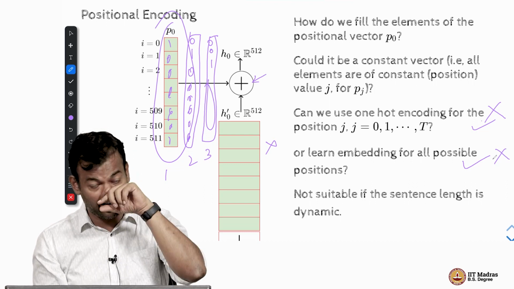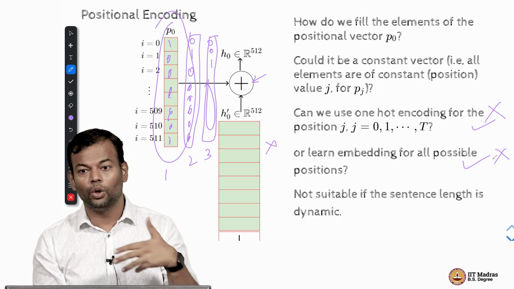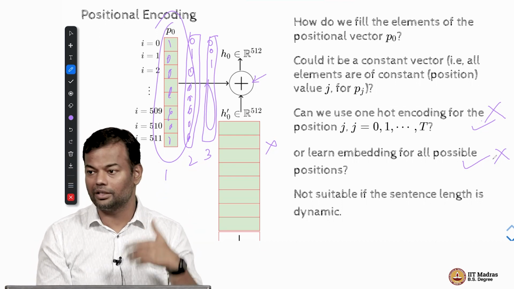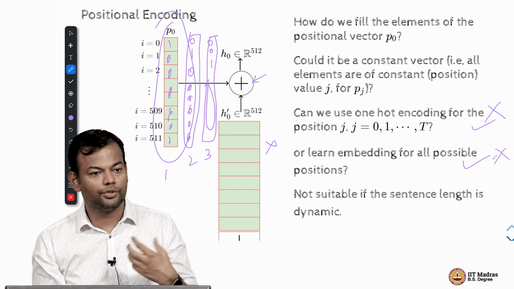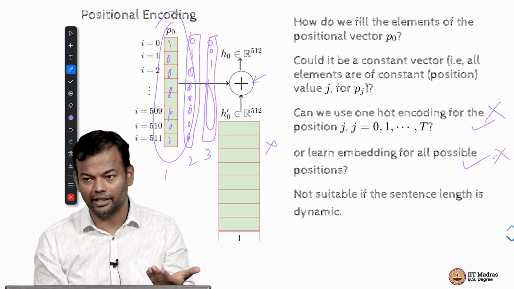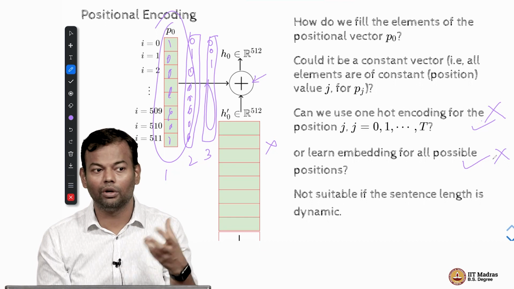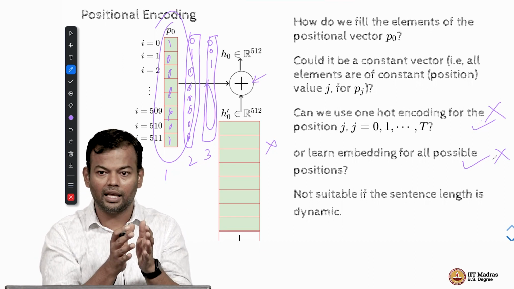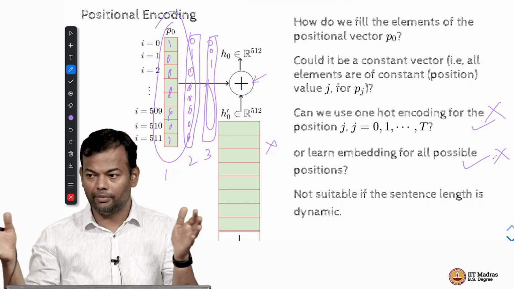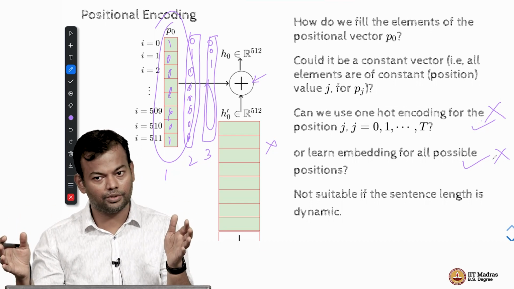Of course, you could argue that with random initialization, over a period of time it may learn it, but that's a harder problem you're putting on the embeddings, overloading them. Can you come up with a method that's already encoded in the embedding, where nearby positions have a smaller distance and farther away positions have a larger distance? Okay, so that's what we will head towards.